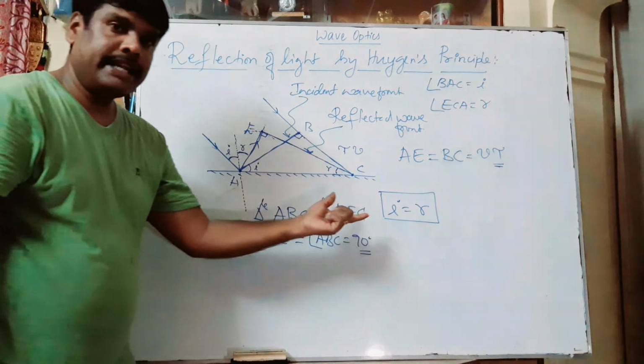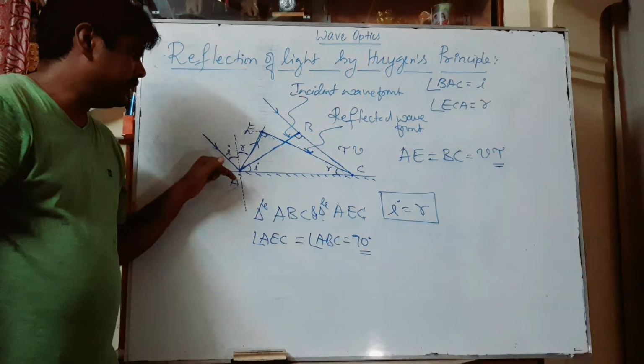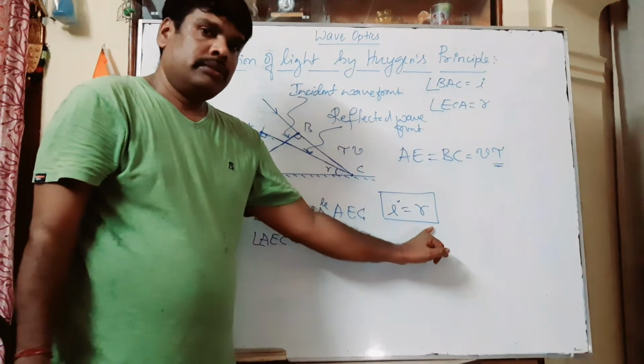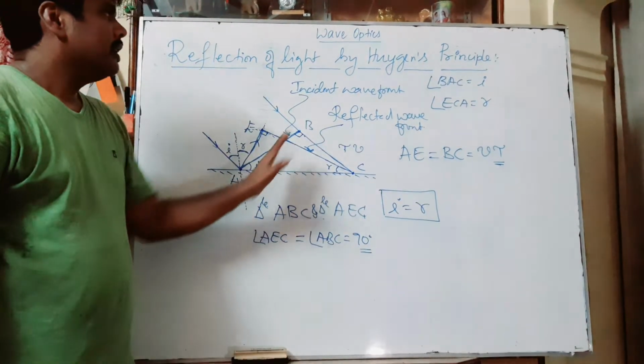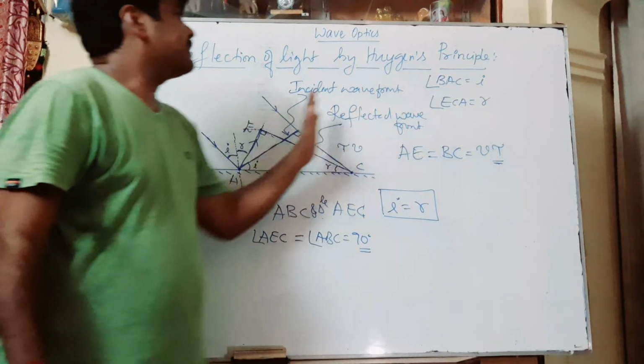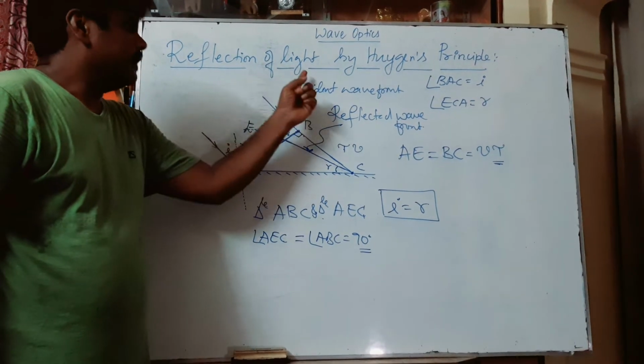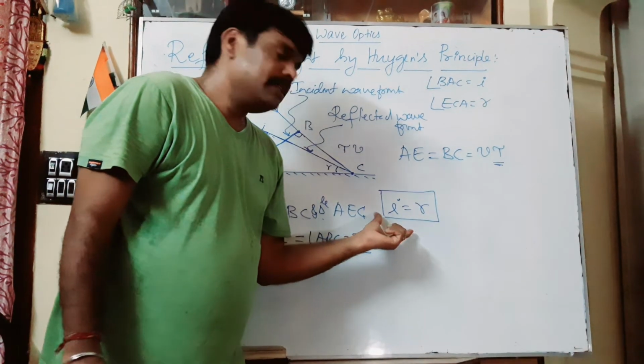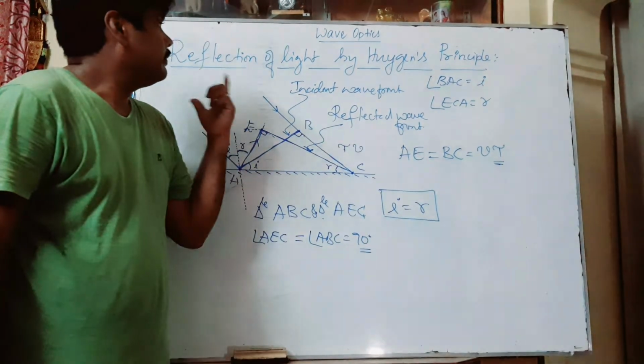You know what the second law of reflection is? The angle of incidence must be equal to the angle of reflection. So this confirms that Huygens principle can explain the reflection of light successfully. So what is the second statement of the law of reflection?